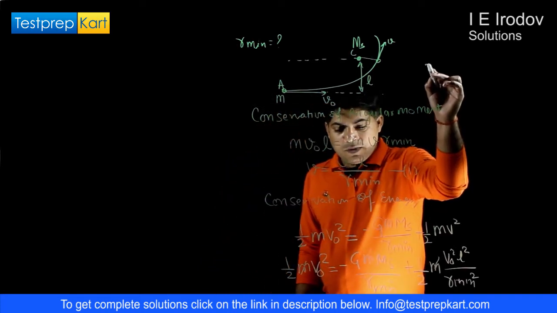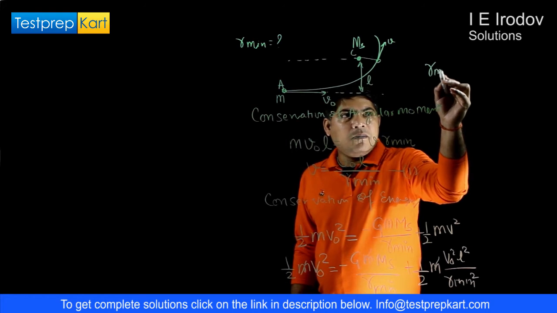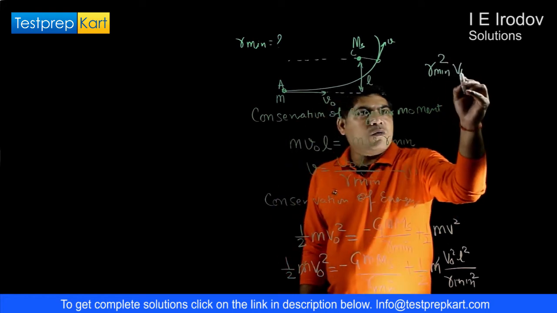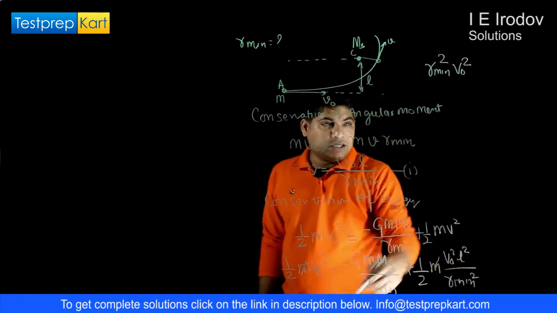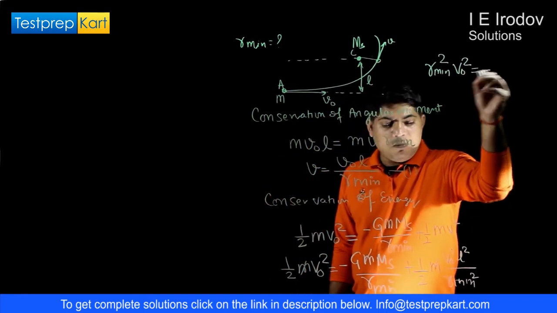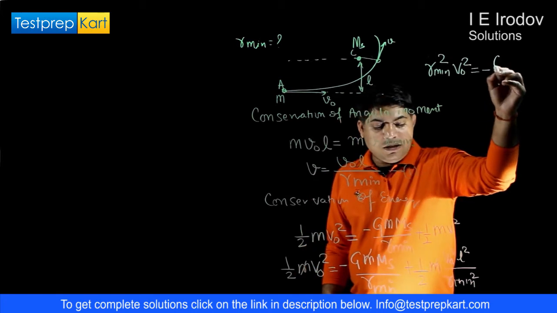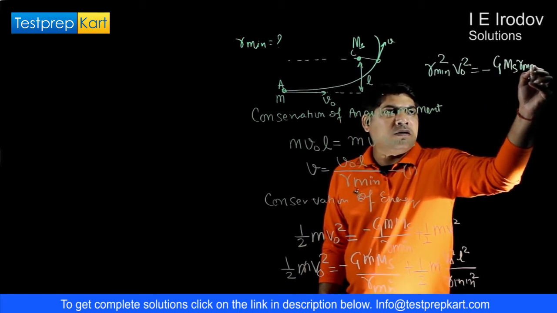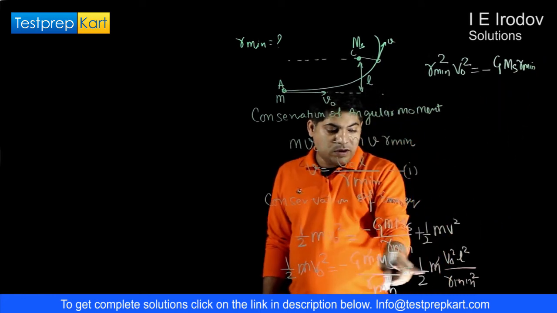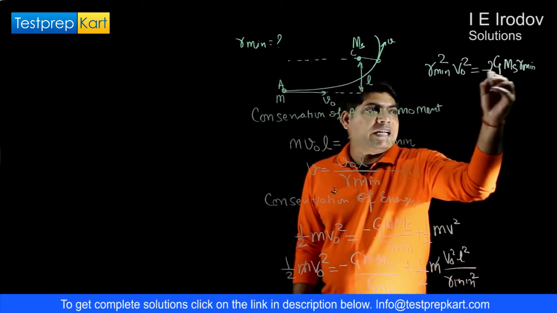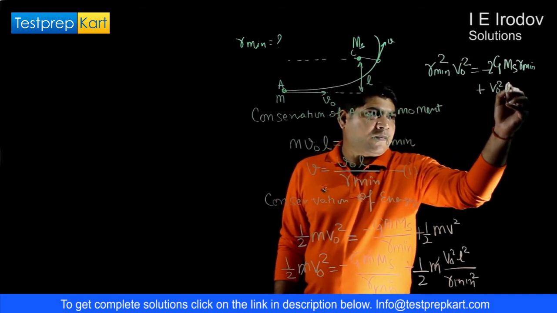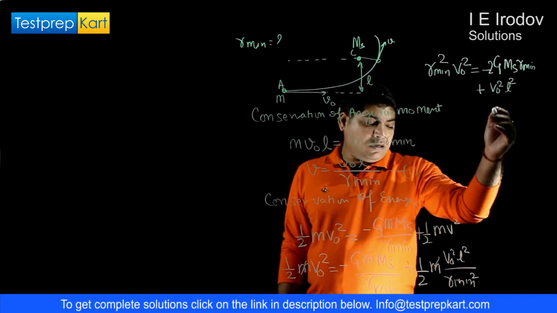So we'll get r minimum square into v naught square equals minus G mass of sun into r minimum, twice of it, plus v naught square L square.